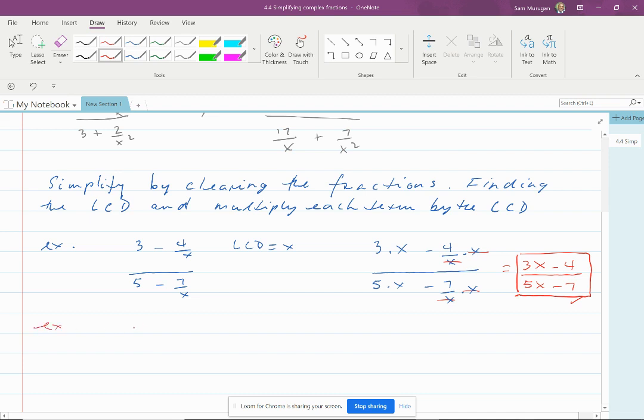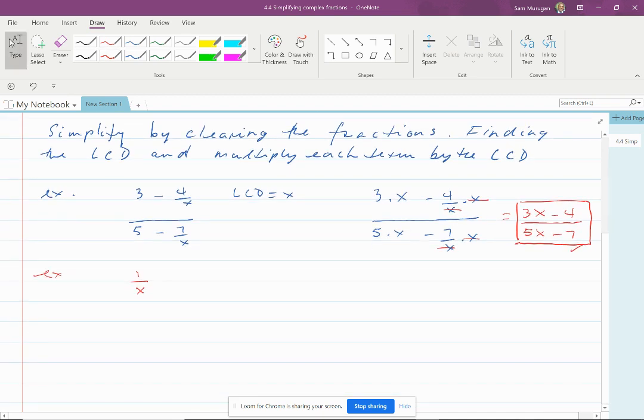1 over x plus 9 over 5, over 1 over x plus 7 over 8.